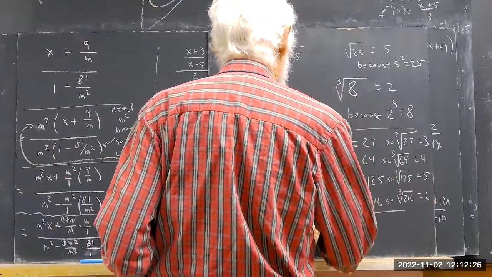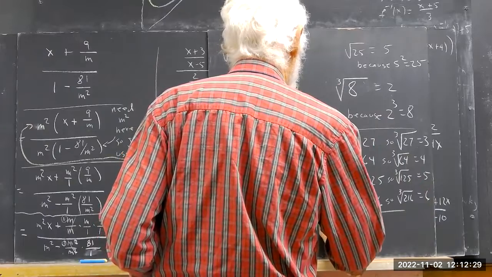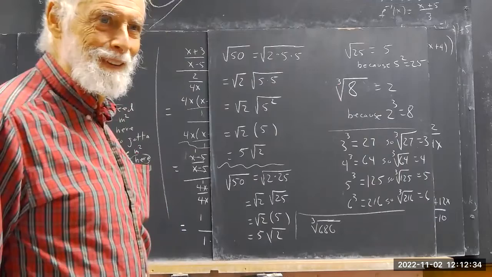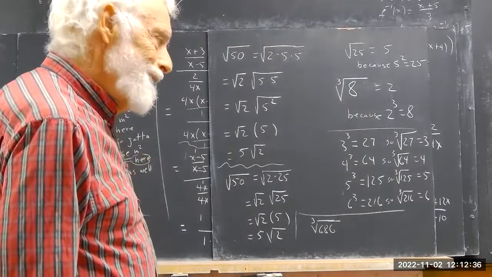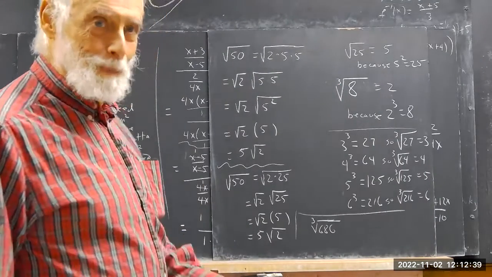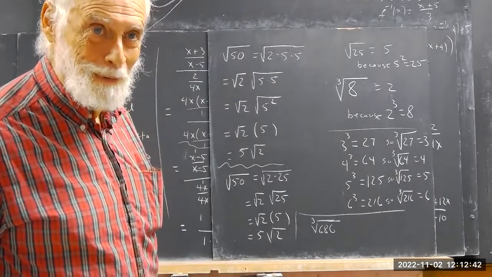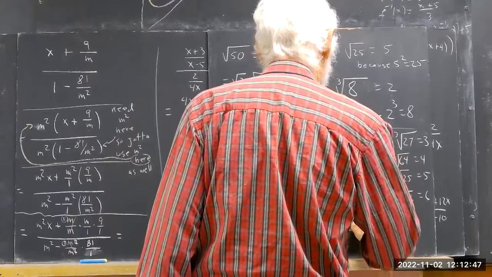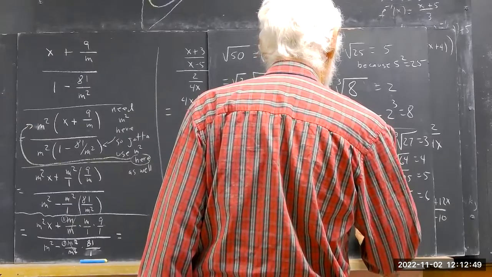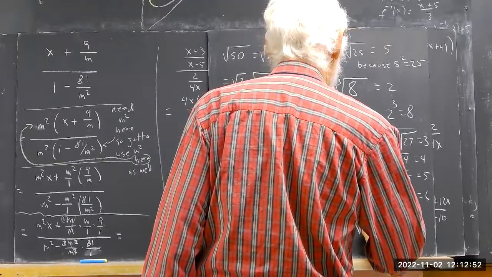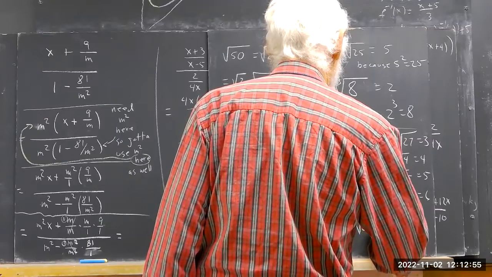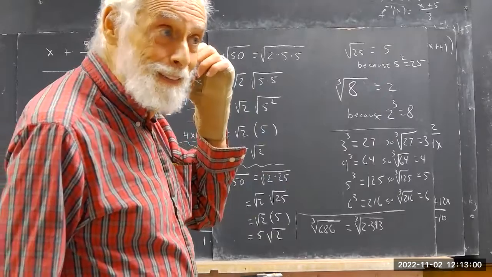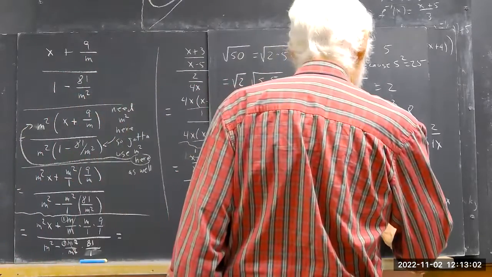Now, if I gave you, you don't need to totally understand this, the cube root of 686, you better break that 686 down. That's the cube root of 2 times 343, right? I did my arithmetic right.